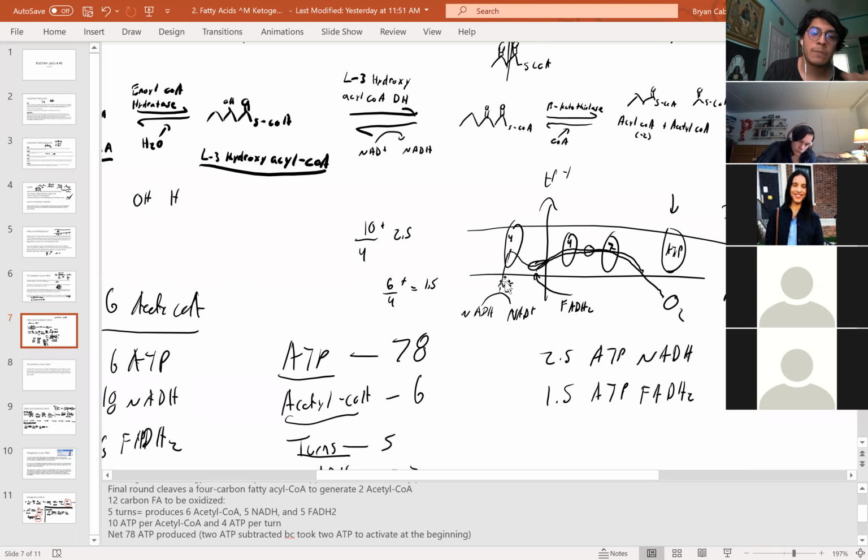And so for that reason, funnily enough, prokaryotes actually produce more ATP than us when we're talking about ATP production from cellular respiration, because our NADH produced in the cytoplasm from glycolysis is introduced as an FADH2 almost.